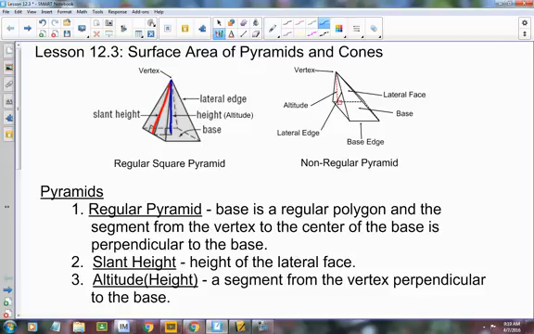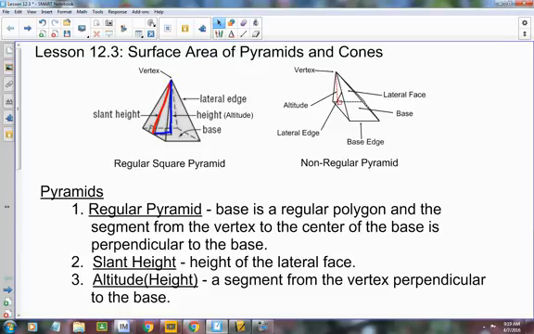You get some little triangles that occur inside your pyramid. If I take where my altitude drops and connect it to where my slant height ends, I actually get a little right triangle. So you can see it right here. You see how the altitude and the slant height and then that little segment right there make a right triangle.